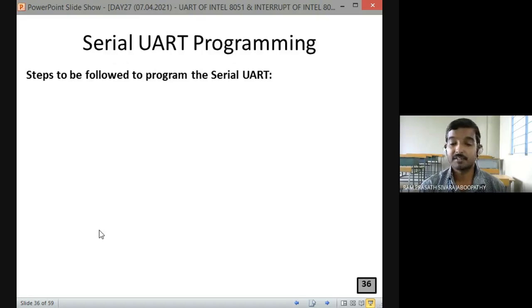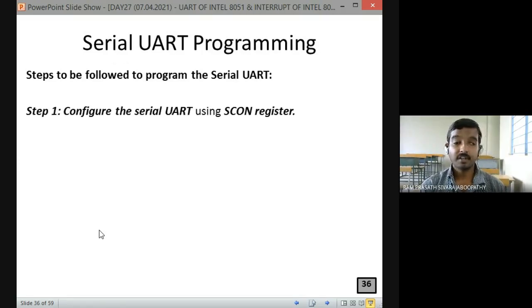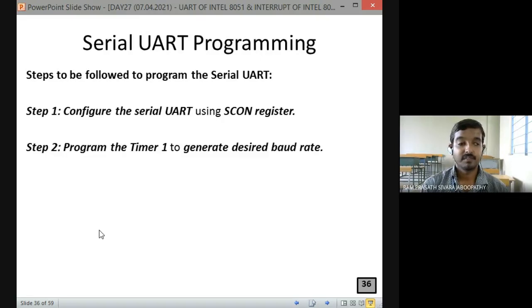Okay, now let us see the steps to follow. What are the steps we have to follow to program the serial UART of 8051? The very first thing, configure the SCON register. Then program timer 1 to generate the desired baud rate, in the case of mode 1 and 3.